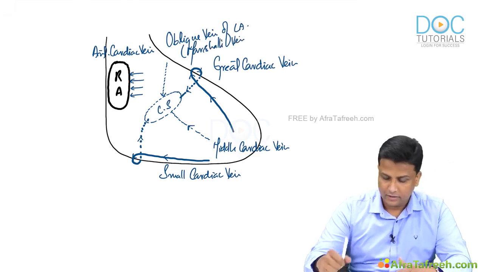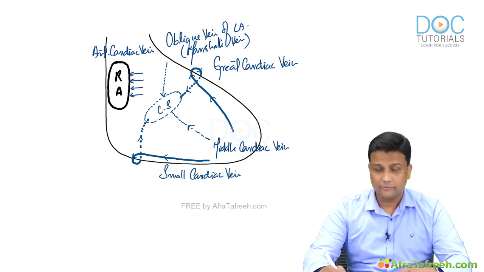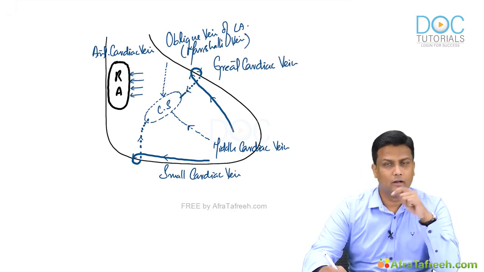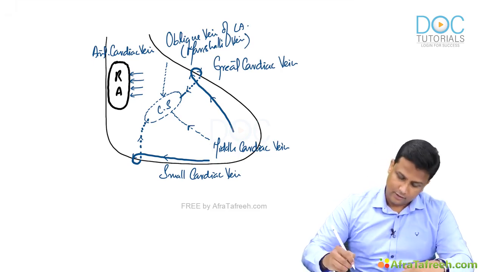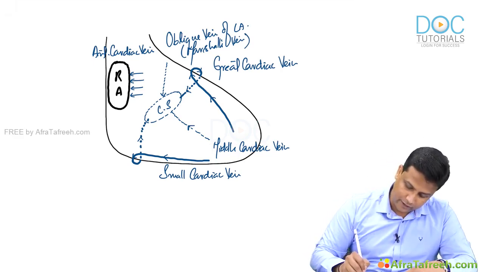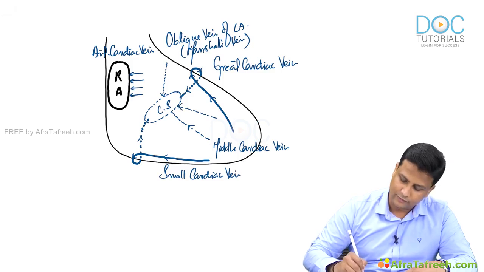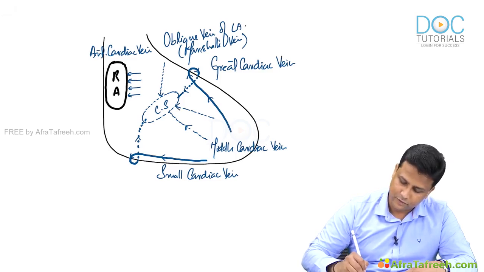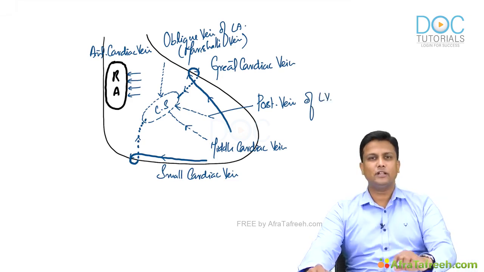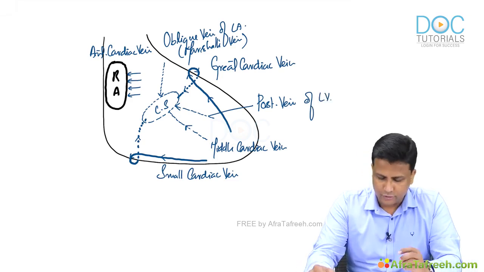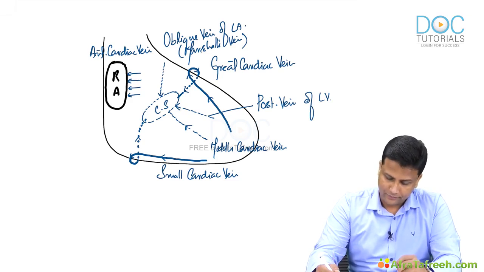Marshall's vein will also be draining the blood into the coronary sinus. And then there is one more vein from the left ventricle here, and this one will be the posterior vein of the left ventricle, that is also draining the blood into the coronary sinus.